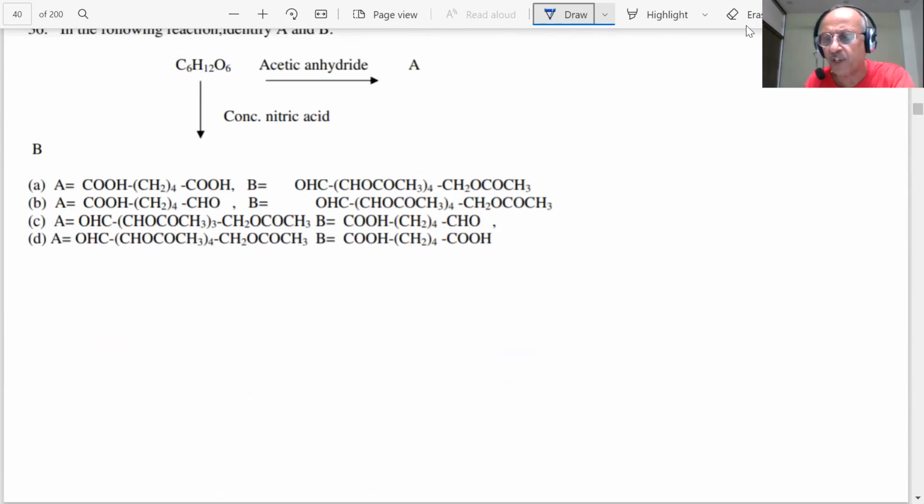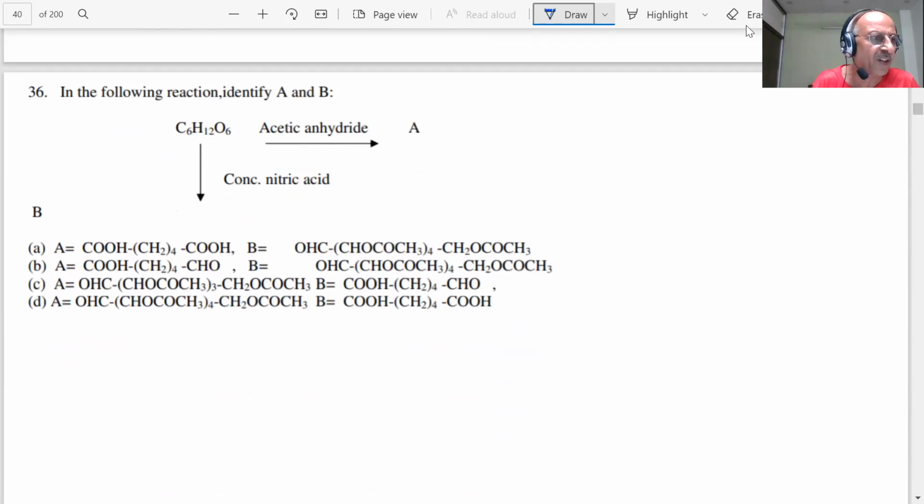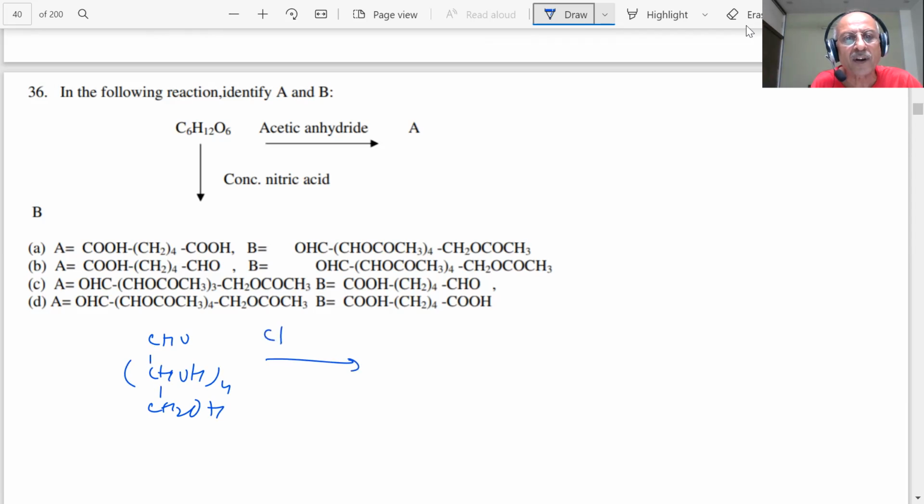All right. Next question is on the screen. In the following reaction, this is glucose. Student, you are already aware of glucose. How do you write glucose? CHO, CHOH 4, and CH2OH. I am writing, student. This is my glucose. If I react this with acetic anhydride, (CH3CO)2O, this is my acetic anhydride, then you know what is going to be formed.